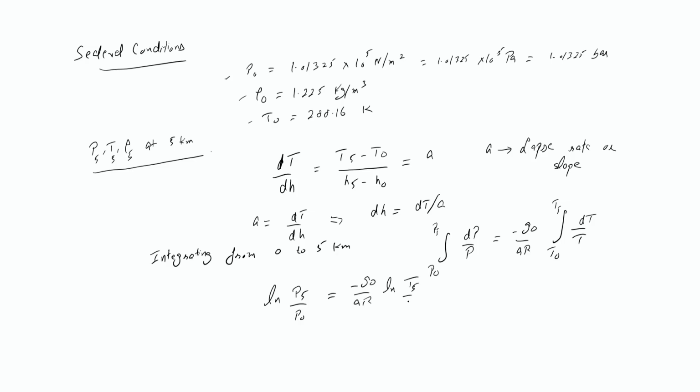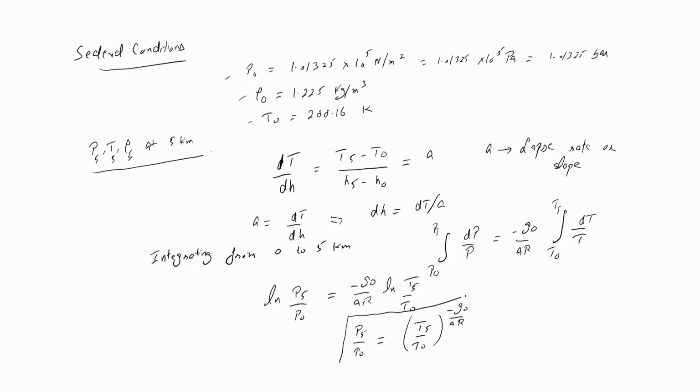Now, taking the exponential on both sides, we can write P5 upon P naught as T5 upon T naught to the power minus g naught upon AR.